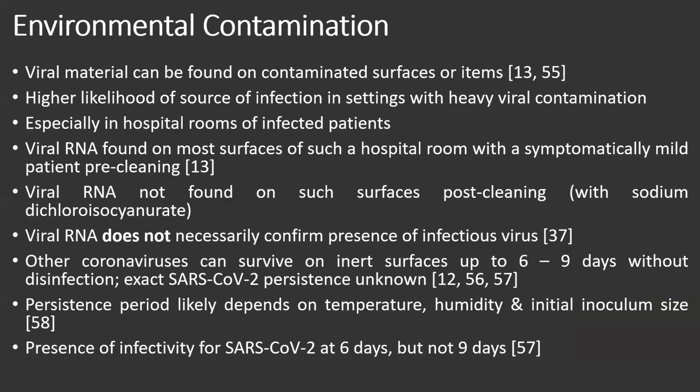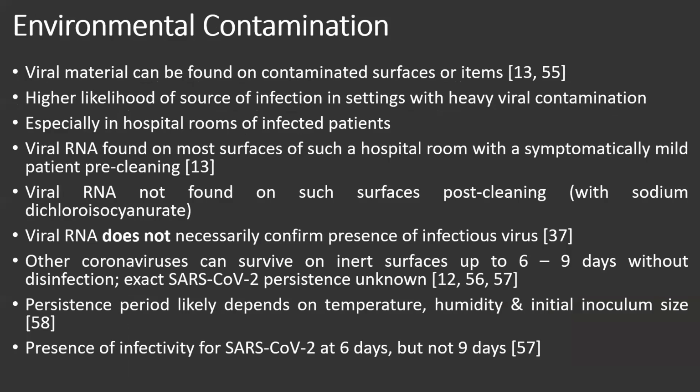With regard to environmental contamination, virus that is on contaminated surfaces or items could be another route of infection if vulnerable individuals come into contact with these surfaces, followed by a transfer of this infectious virus to mucous membranes in the mouth, eyes, or nose.